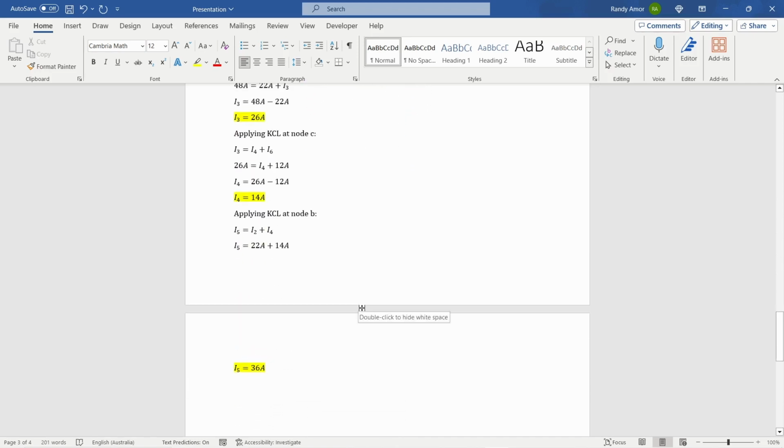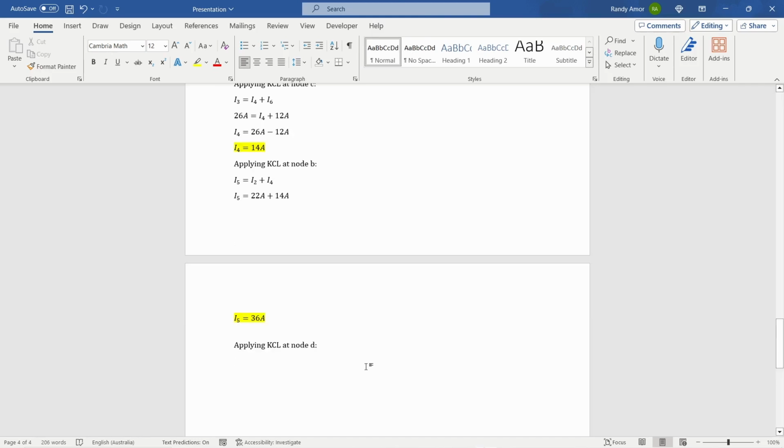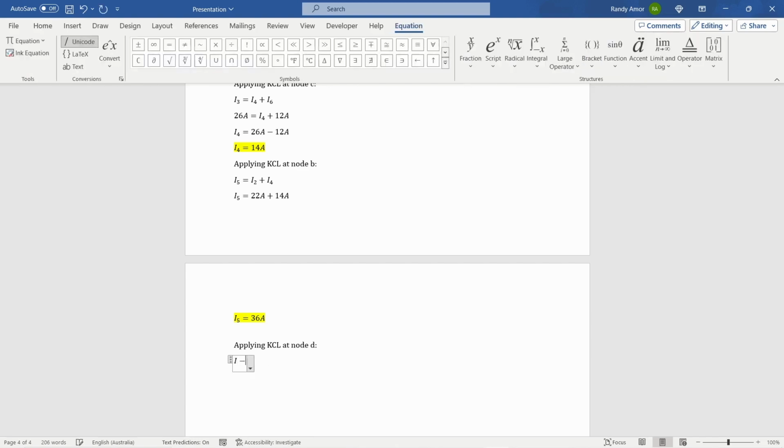So therefore, applying KCL at node D, I7 will be equal to I5 plus I6.